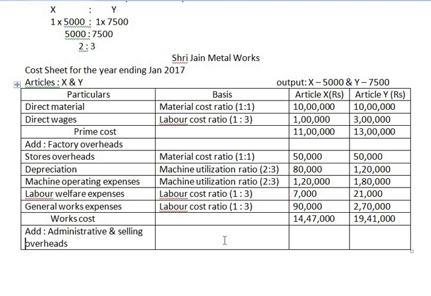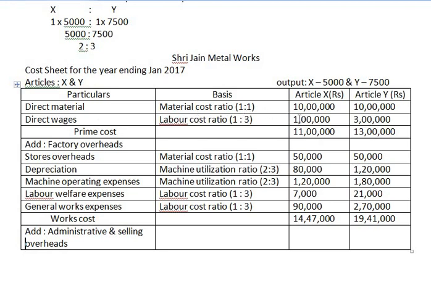Now suppose it is related to administrative overheads and no suitable ratio is available, then you need to take works cost ratio. Understood everyone? If a factory overhead suitable ratio is not available, then you need to take direct wages ratio.